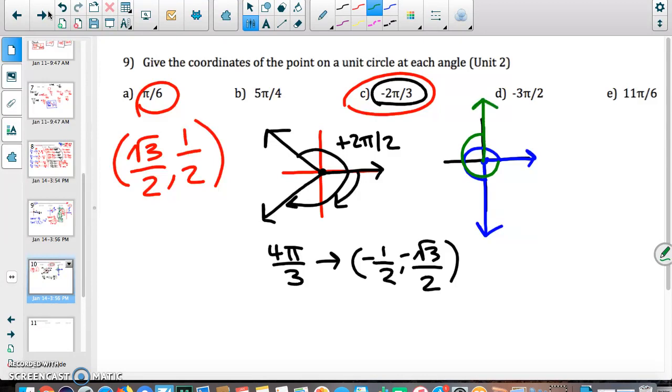So that really gets me up here, and that would be 0, 1. And then last but not least, 11 pi over 6, that's again just a gimme, right? Just look that up on your unit circle, and I get this coordinate. So the only tricky part about these is if it's a negative angle, you just have to make sure you go the other way around your unit circle.